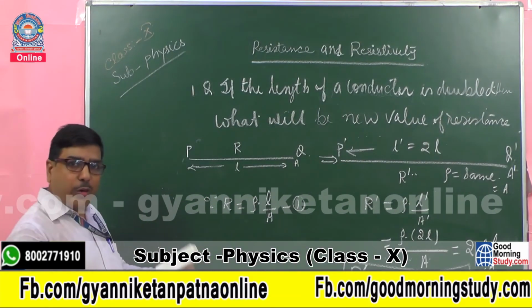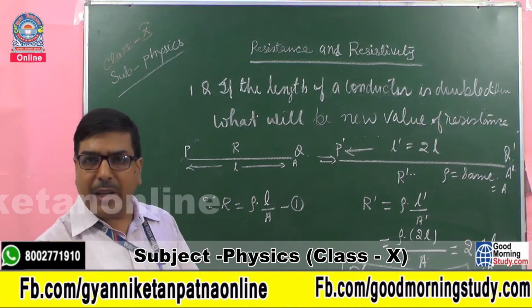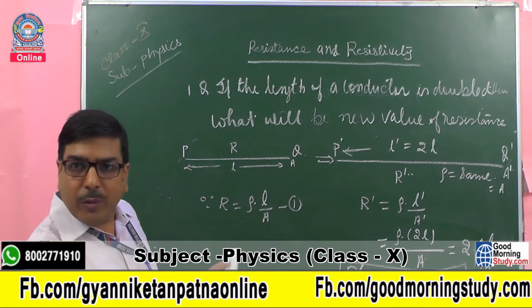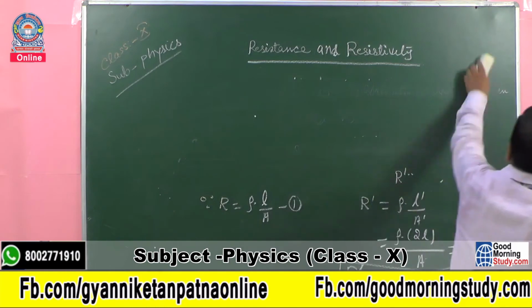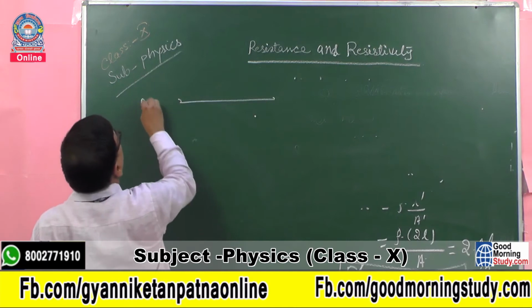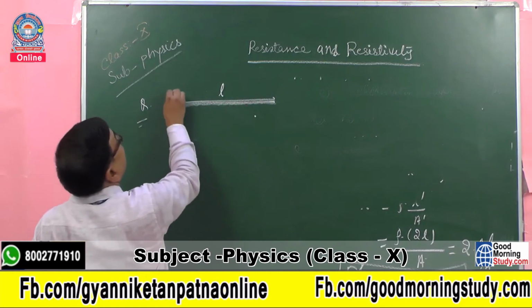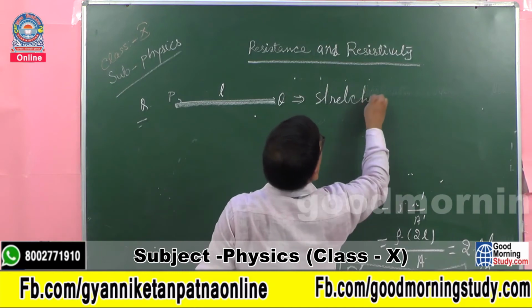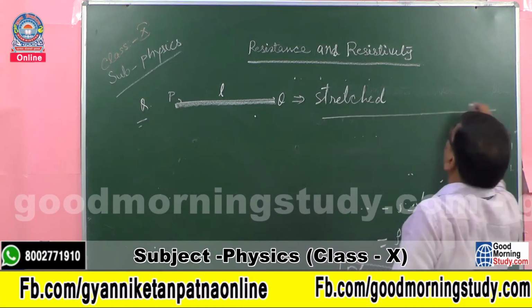But if the question comes that it is stretched in such a way that its length becomes twice, then the question becomes different. Okay, so now we will discuss that. Supposing, in the second question, the length is L, this is the length of the wire PQ, and it is stretched, elongated, and becomes twice.